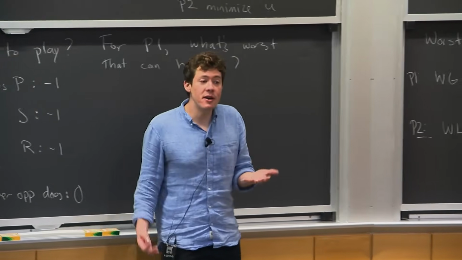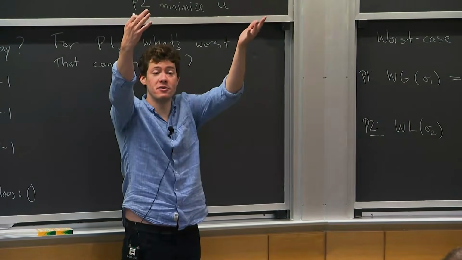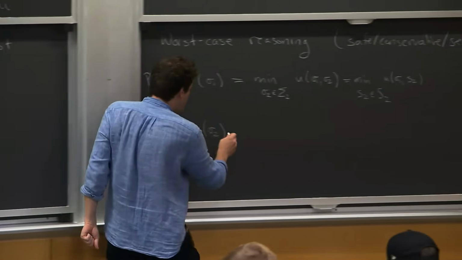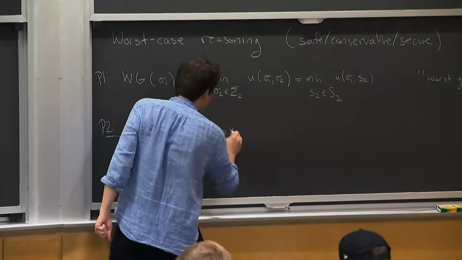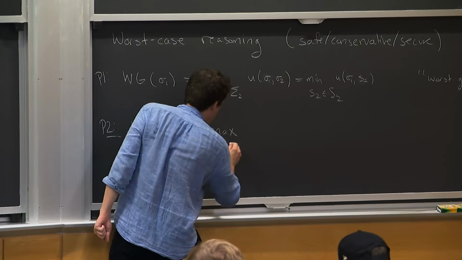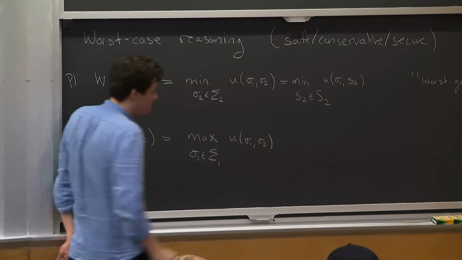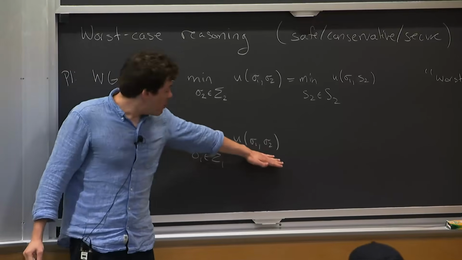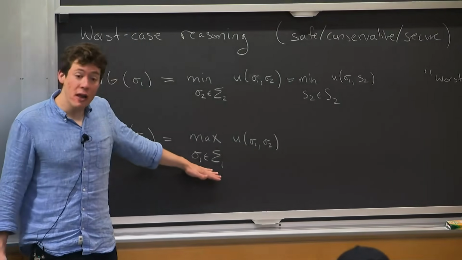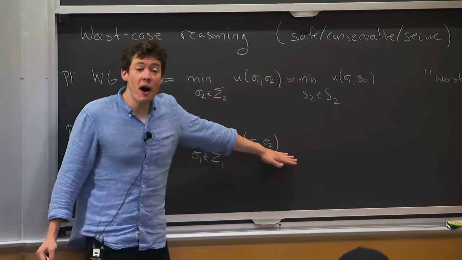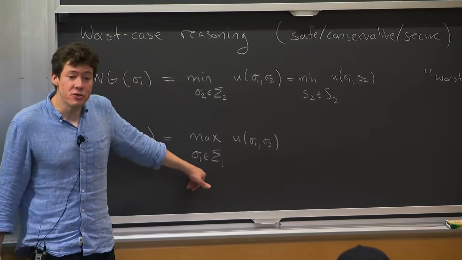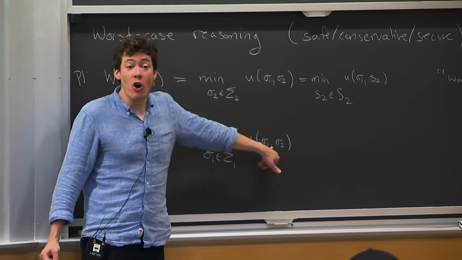The worst thing that can happen is if my loss is as large as possible. So I'm now going to write here a maximum over sigma 1 in capital sigma 1 of u of sigma 1, sigma 2. This says how much I lose depends on what player 1 does, and the worst possible loss is if player 1 chooses the strategy that makes my loss as large as possible.